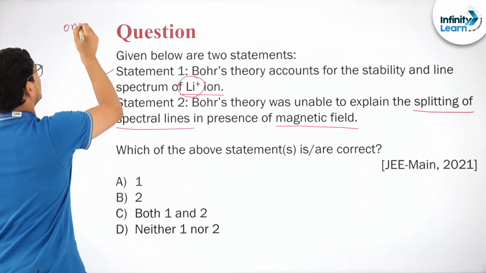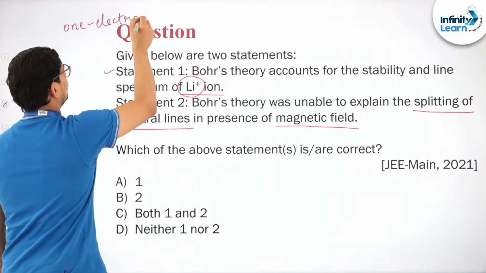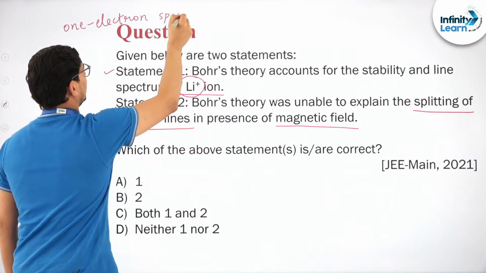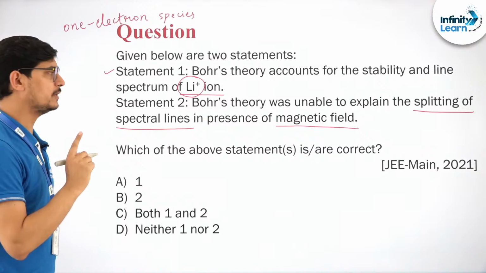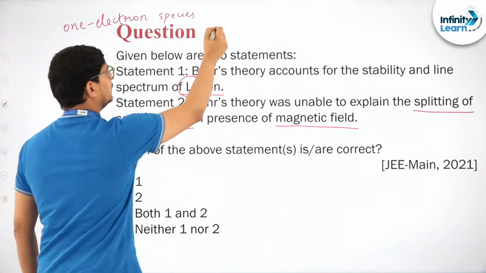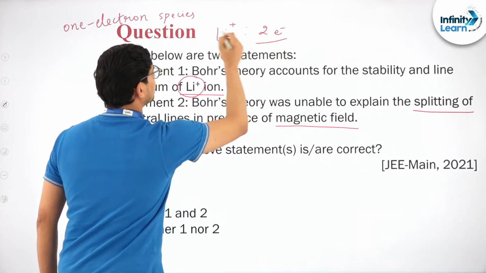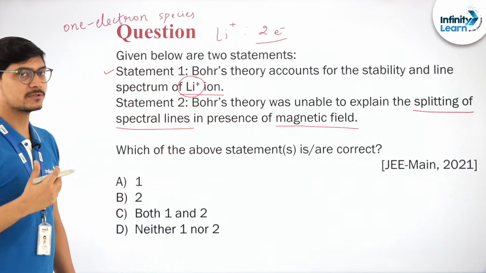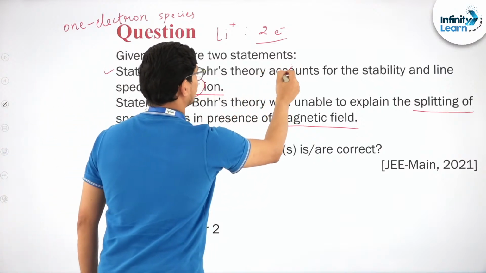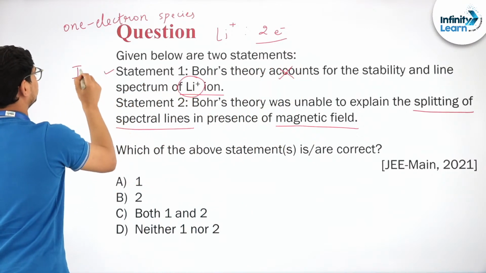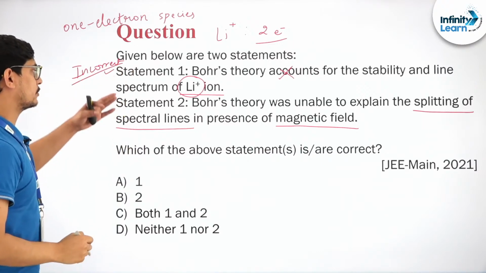The atomic number of lithium is 3, and plus 1 means you have removed only 1 electron. So technically lithium cation contains 2 electrons, and hence we cannot apply Bohr's model to this species. So basically it does not account. So this statement is incorrect. Now let us go to the second statement.